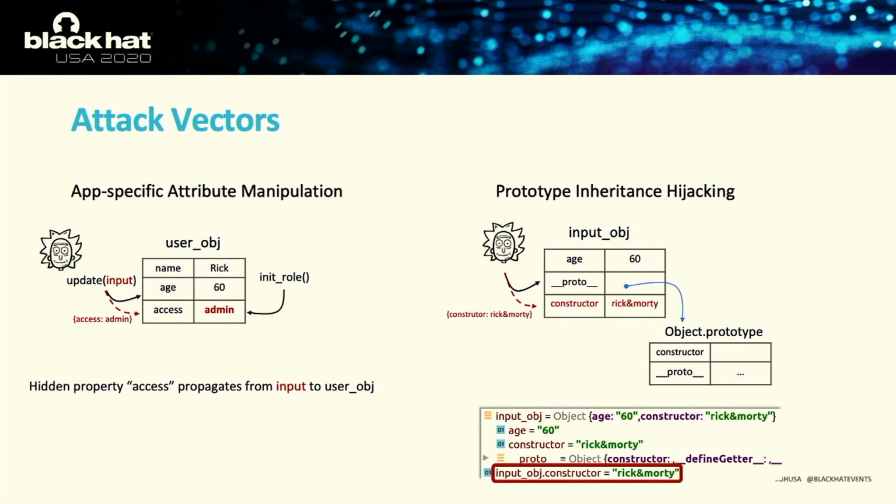Also, we should be aware of the differences between prototype pollution and prototype inheritance hijacking. Prototype pollution, as the name suggests, is about attacking and tampering the prototype objects. However, our attack vectors do not modify the prototype object.